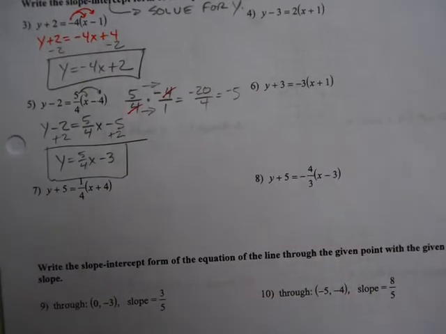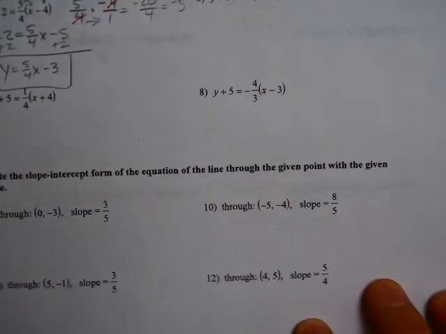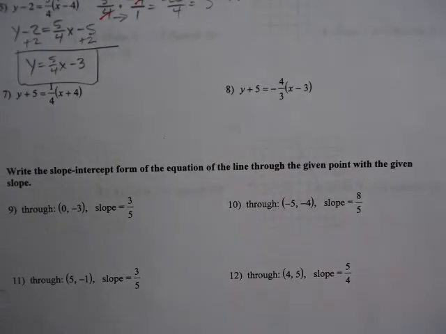Let's look at number 9. Actually, no, let's look at number 10. If I know the slope of a line, and I know some point on the line, then I can find the y-intercept, right? I could graph it and find it somewhere. We can also do it mathematically, and that's what the point-slope formula does.